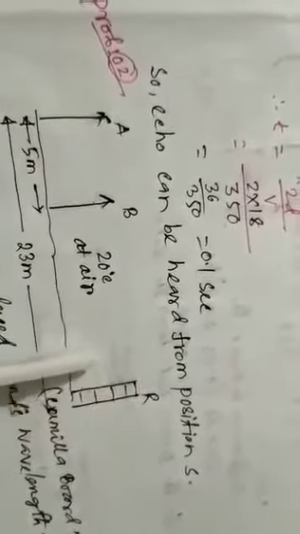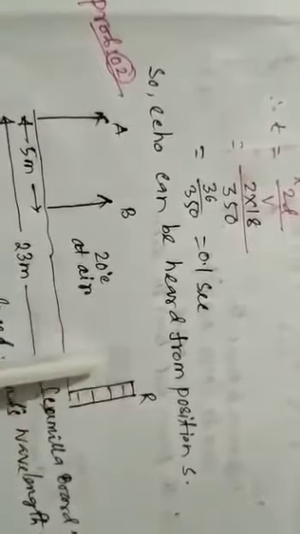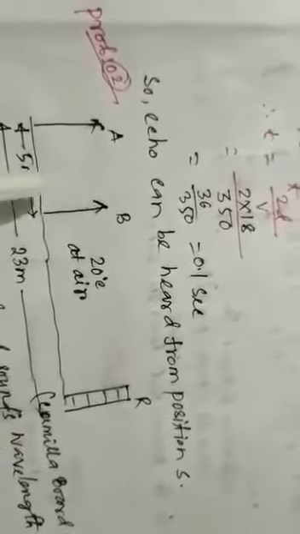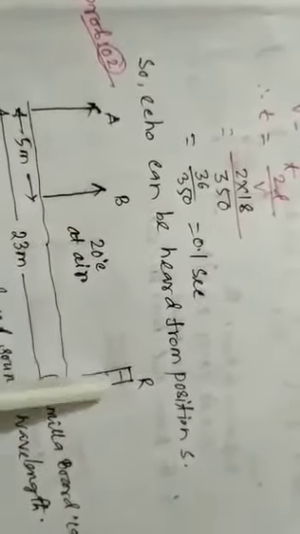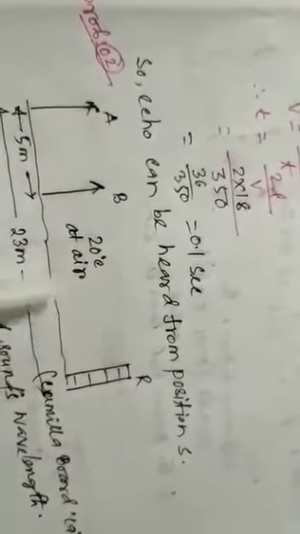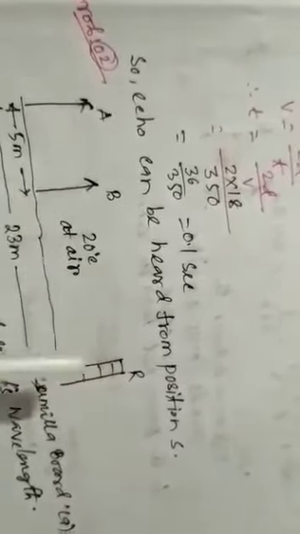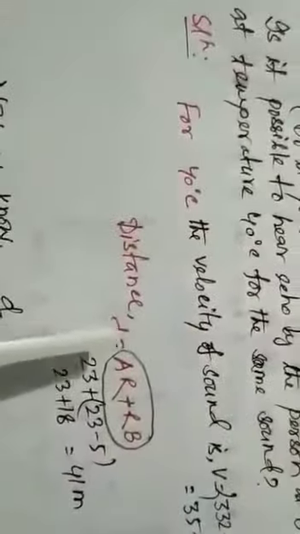Then it comes back to B and it also covers a distance of 23 minus 5, that is RB. So the total distance is AR plus RB.